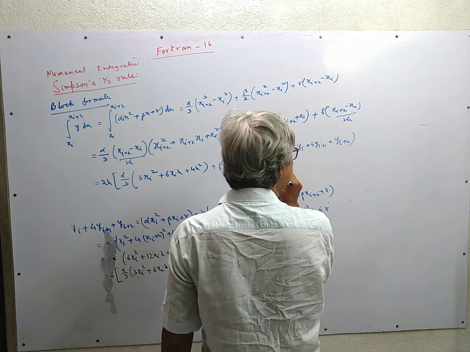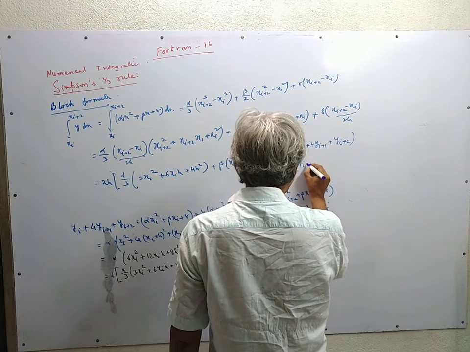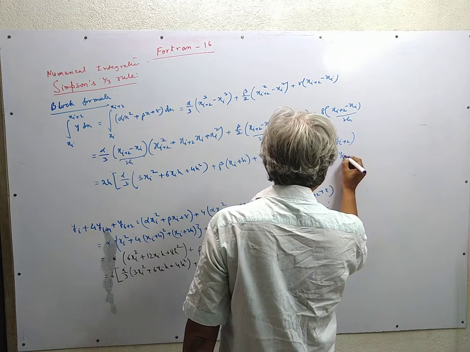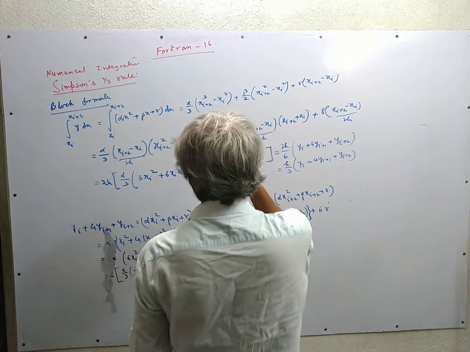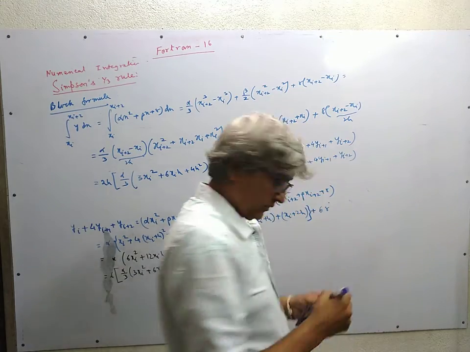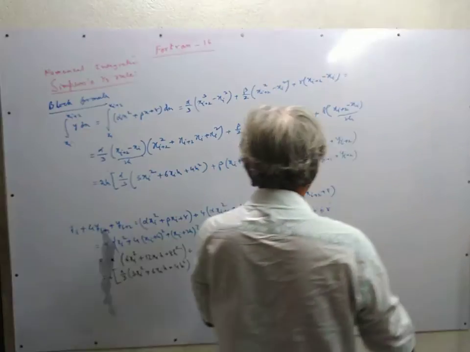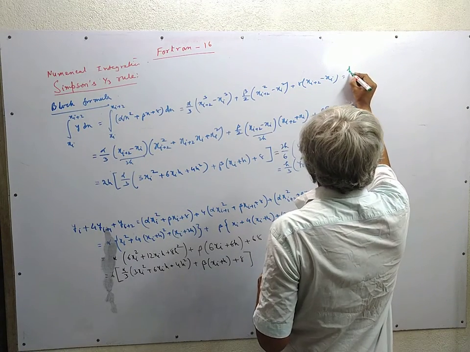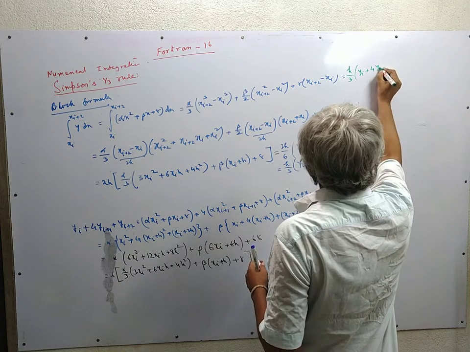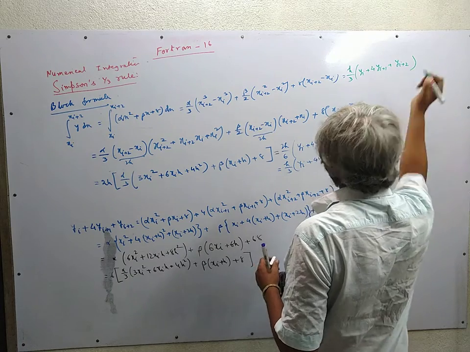Now on cancellation, this is h by 3 (yi plus 4 yi plus 1 plus yi plus 2). This is the block formula. So the final result for Simpson 1/3 rule can be written as h by 3 (yi plus 4 yi plus 1 plus yi plus 2) as the block formula.